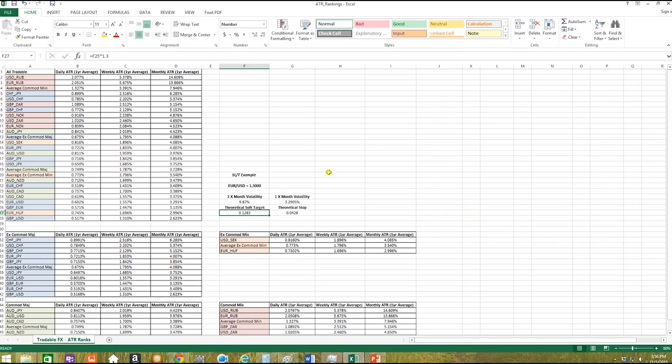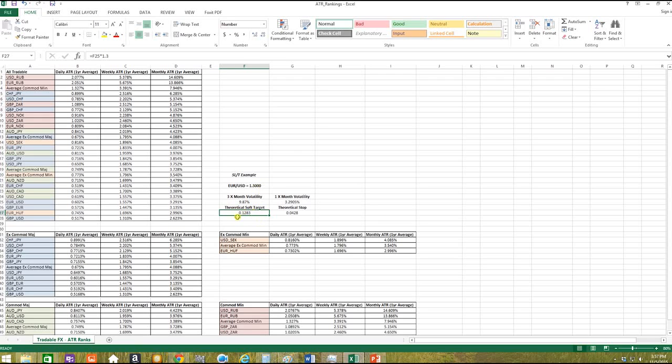And all we have to do is take the euro dollar price and work out how many points for a theoretical soft target and theoretical stop loss are required as the parameters for this volatility calculation. So we take the 3 month volatility and multiply it by 1.3.